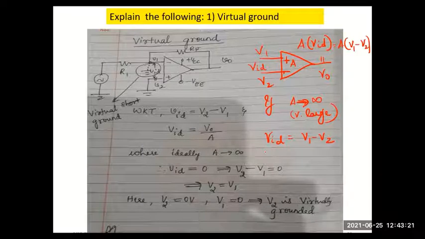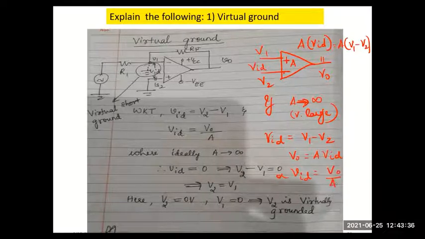So VID is V1 minus V2 and V0 is A into VID, or in other words, I can write VID as V0 by A. If A tends to infinity, what happens to VID?